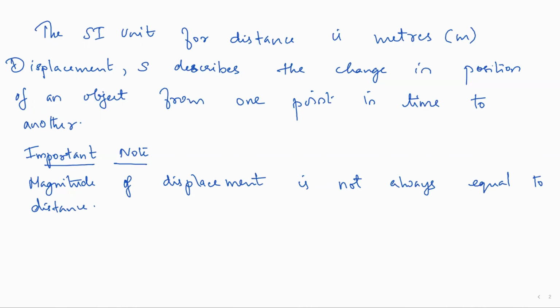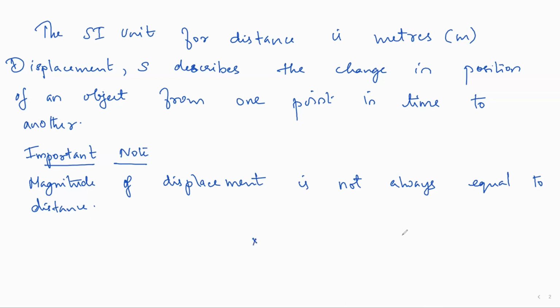There is an important note here. Both distance and displacement look alike, but they are not the same. The magnitude of displacement is not always equal to distance. Distance means the actual path traveled by an object during its journey, whereas displacement is the shortest distance between two locations.